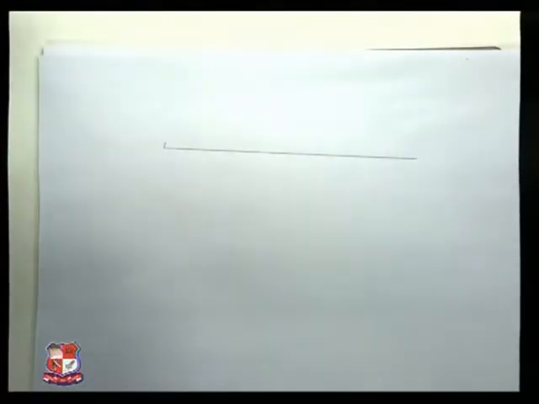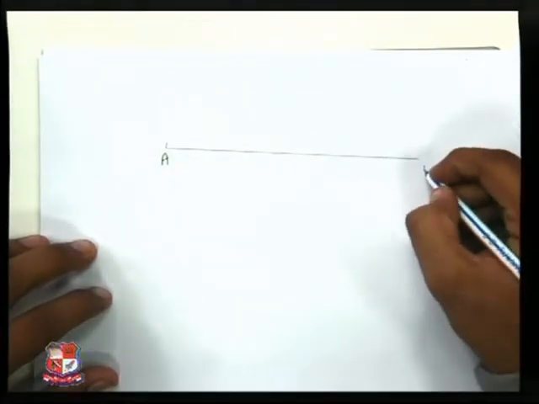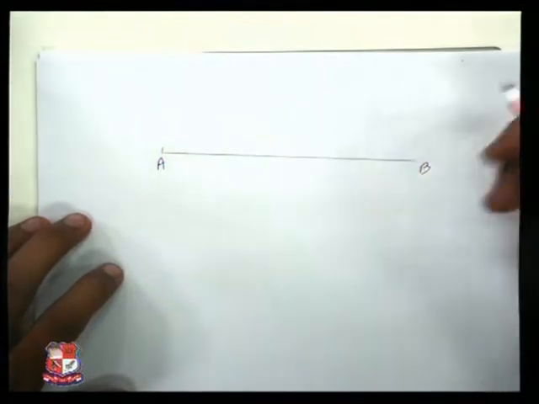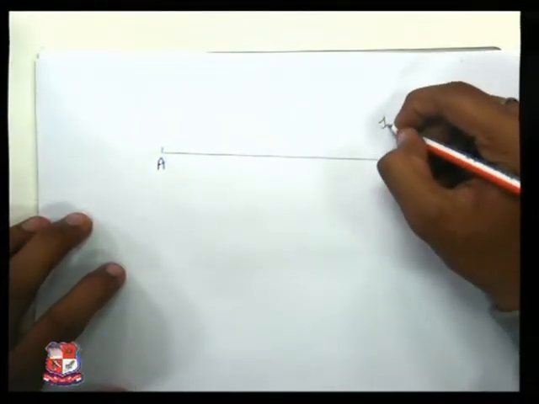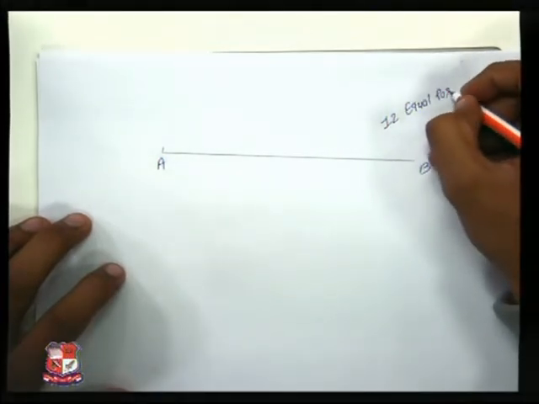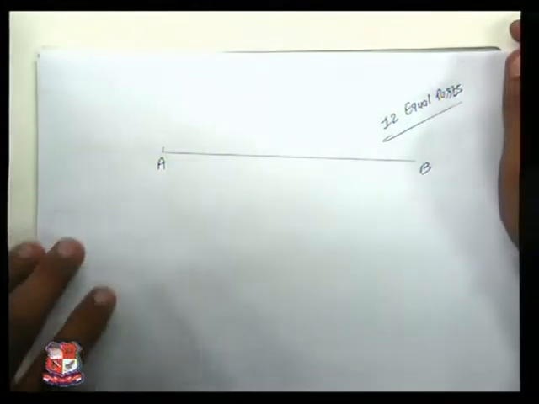Let's call it AB. I want to divide this AB line into, let's say, 12 equal parts.